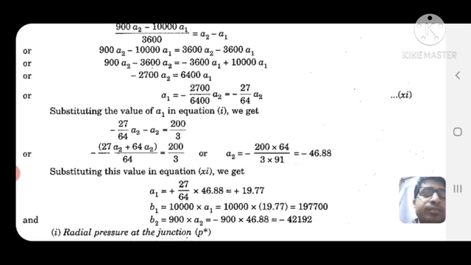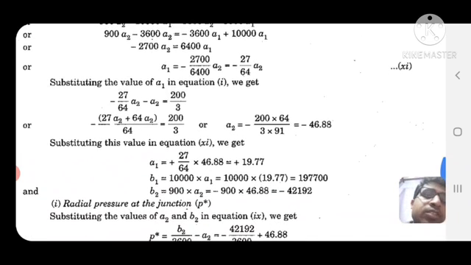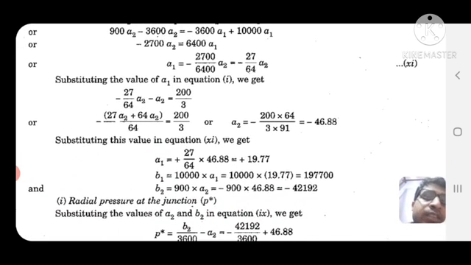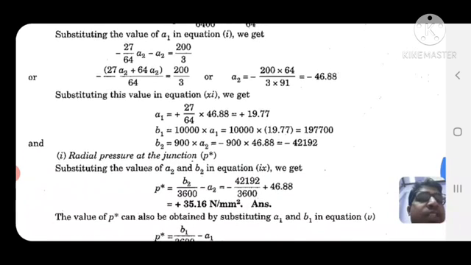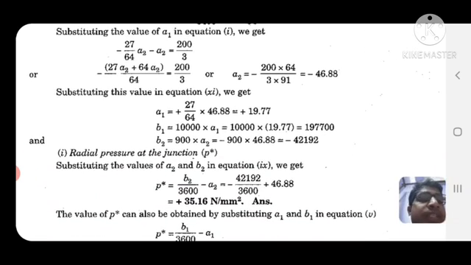Now from this equation, A1 is equal to 2700 by 6400 A2. So after simplification we get A1 equal to minus 27 by 64 A2. Substituting the value of A1 in the equation, minus 27 by 64 A2 minus A2 equal to 200 by 3.